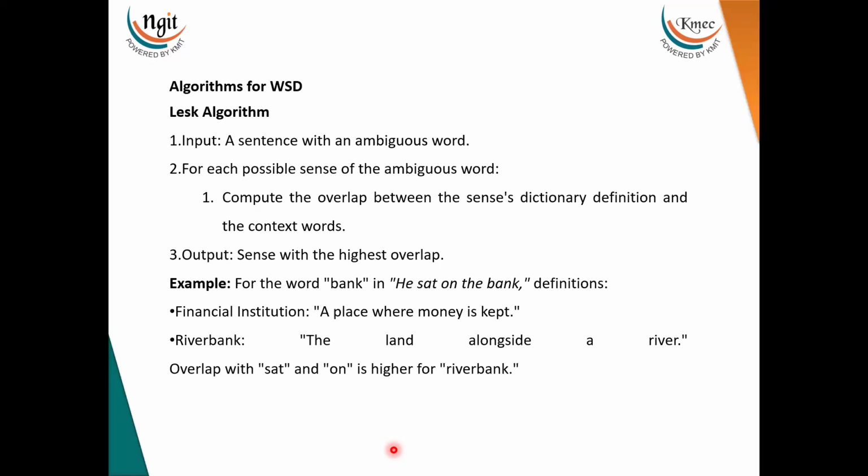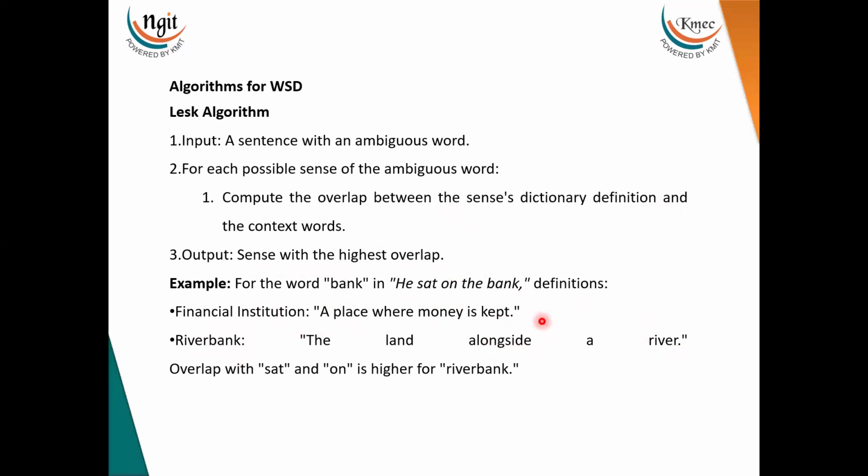It has a dictionary-based approach. You can see here a sentence with an ambiguous word is given as input to the Lesk algorithm. For each possible sense of the ambiguous word, it computes the overlap between the sense's dictionary definition and the context words. The output is the sense with the highest overlap. For example, for the word bank in "he sat on the bank": financial institution, a place where money is kept; riverbank, the land alongside a river.